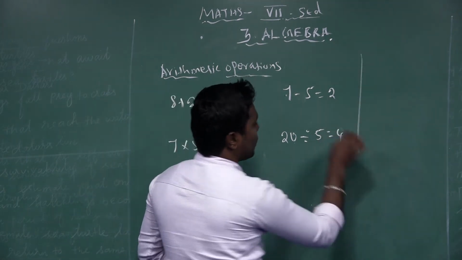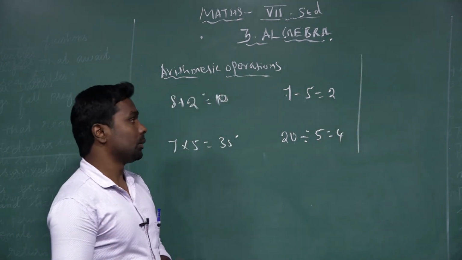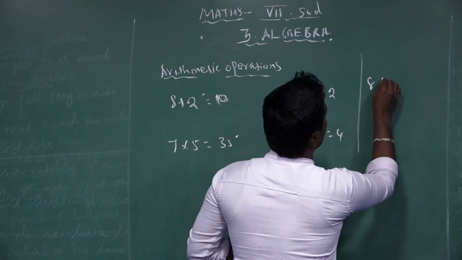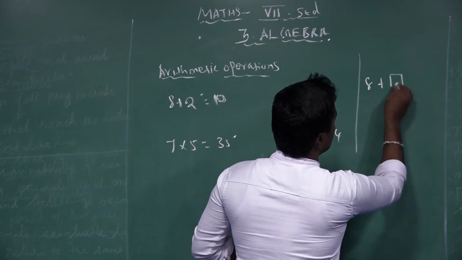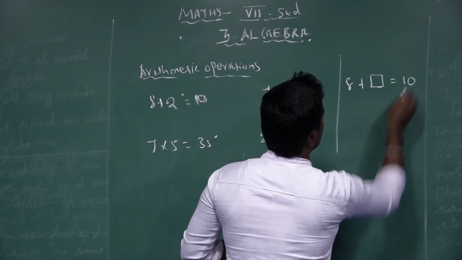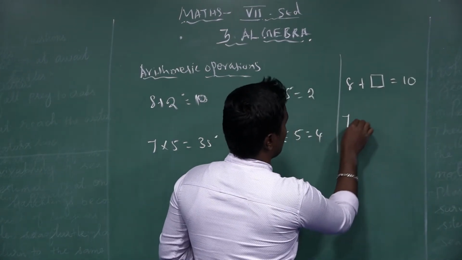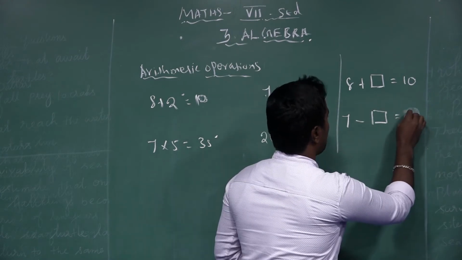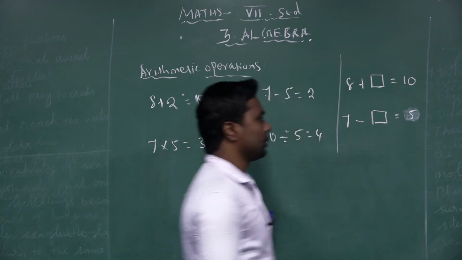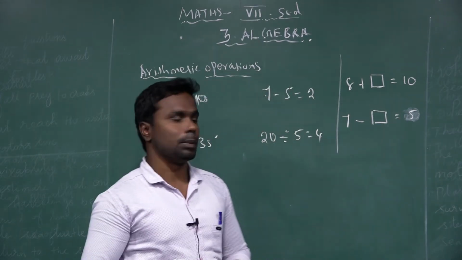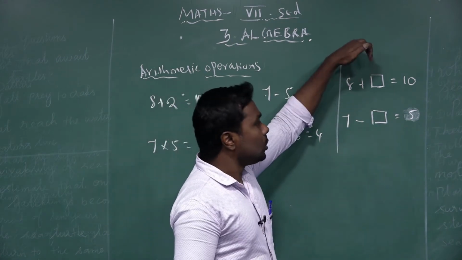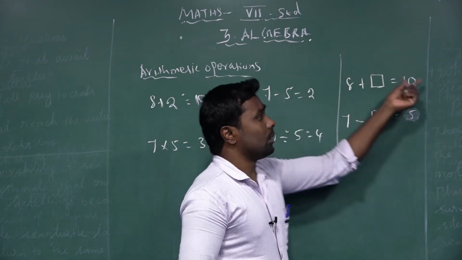Now, someone asked the same question in another way. That means 8 plus empty place equal to 10. Another one, 7 minus empty place equal to 5. Now, what should be added to 8 to get the answer 10?